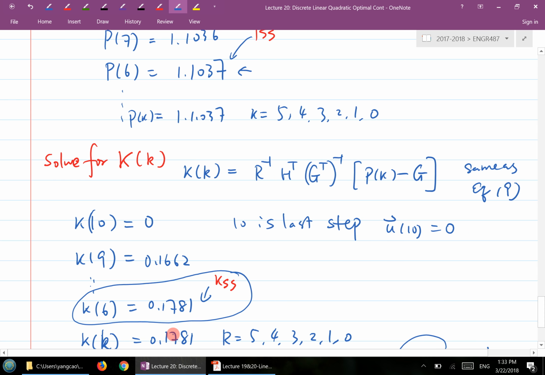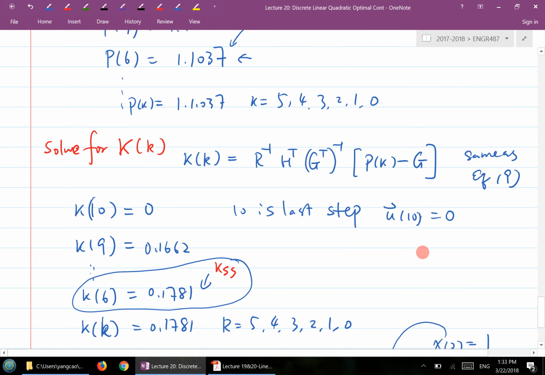But when it comes to the actual control, we're assuming it's an infinite horizon. You have a sampling time 0.01, and you run it for 5 seconds or 10 seconds. That's an infinite number of steps basically. So we don't need to change our k at each step like this.